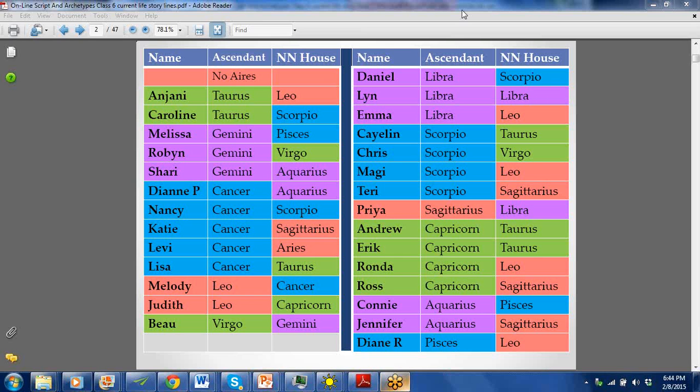And actually, Cayelin, in this discussion right now, it brings up one of the other central points I had wanted to make as part of this class, which is the distinction between those, and I think everybody in the class should be able to see what I'm going to be talking about right now based on their own charts. Some horoscopes are mere modifications.